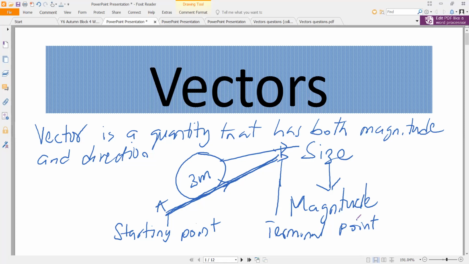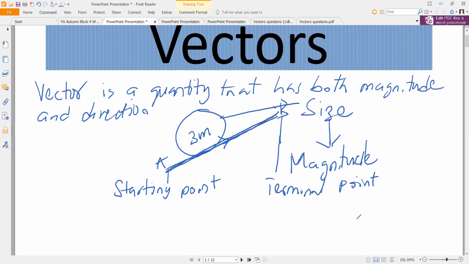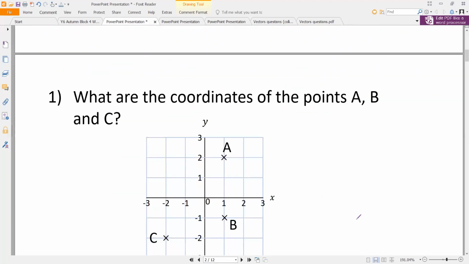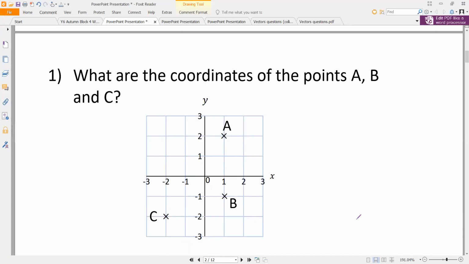So today we're going to be talking about the vectors in mathematics, where we have to do some calculations. Let's cut to the chase. What are the coordinates of the points A, B, and C? You must understand the coordinate system for you to be able to do well in vectors. First, as you can see, the coordinate of A is 1 on the x-axis, comma, on the y-axis, that is 2.